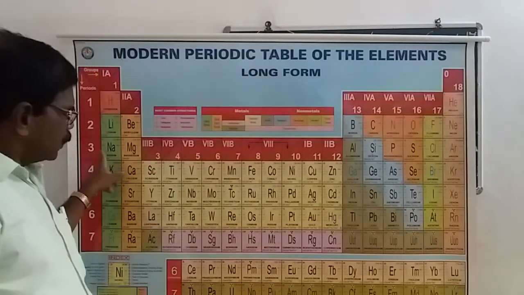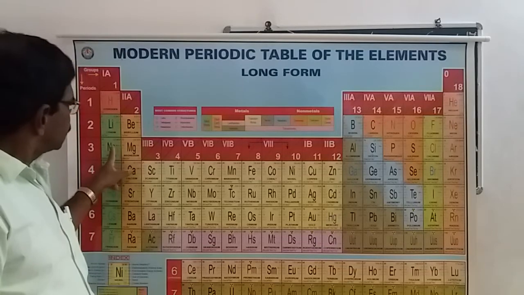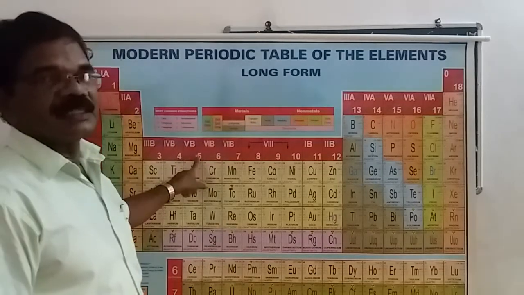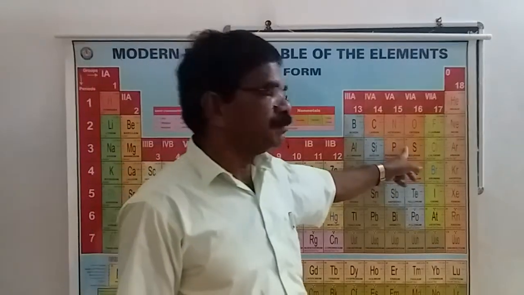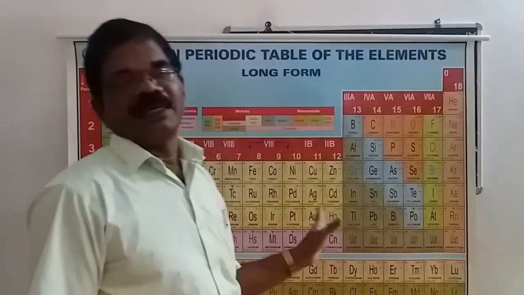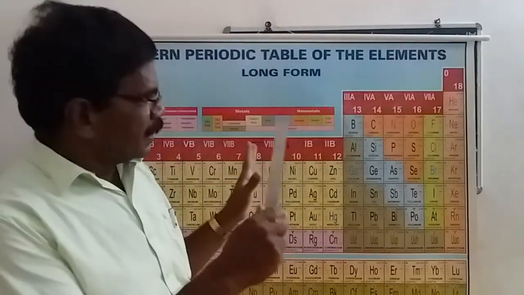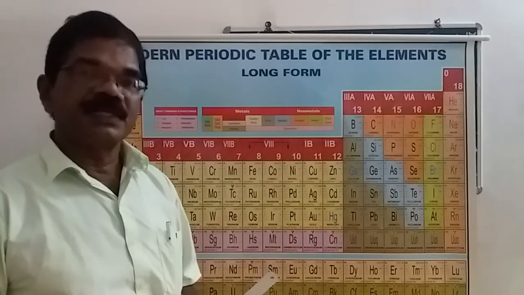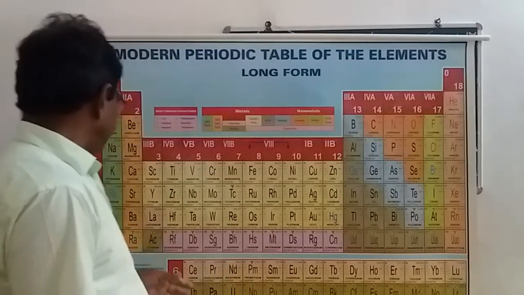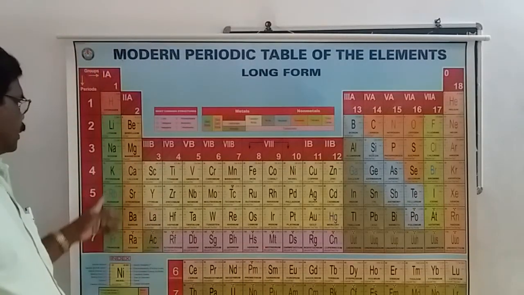Therefore, though the elements of the third period have only 3 shells, the size decreases from left to right, due to the increase in nuclear charge, which pulls the electrons towards the center. Then we came to the metallic character.